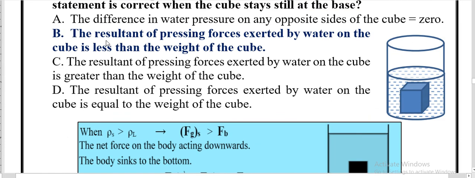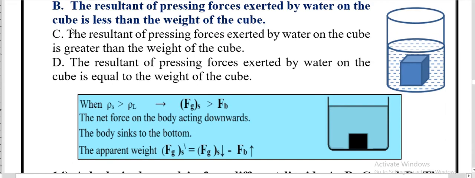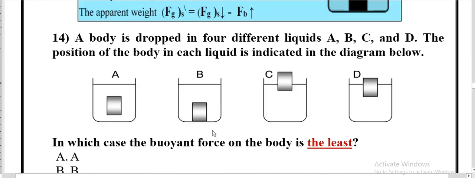So the resultant of the pressing force exerted by water on the cup is less than the weight of the cube. This resultant force will be less than the weight, as we subtract the value of the buoyant force.